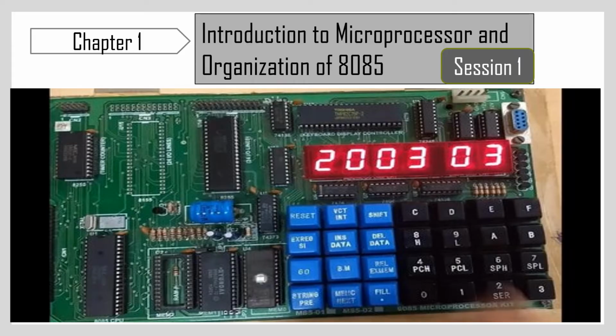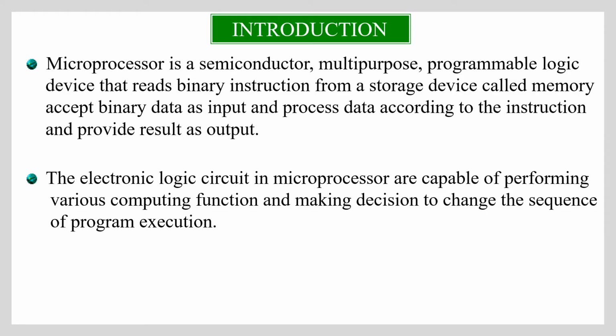So let us proceed. Now let us understand what is a microprocessor. Micro means it processes. So a microprocessor is a semiconductor multi-purpose programmable logic device that reads binary instructions from a storage device called memory, accepts binary data as input, processes the data according to the instruction and provides the result as output.